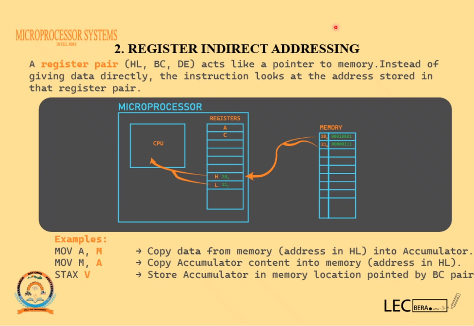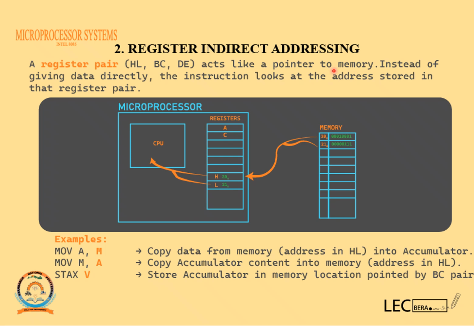So instead of you going to the memory and fetching data, you go to the register, you find the address of the memory location. When you follow that address, you will find the data. We refer to this as indirect addressing. So you are not actually addressing the register, but a memory. So you are addressing the memory indirectly.